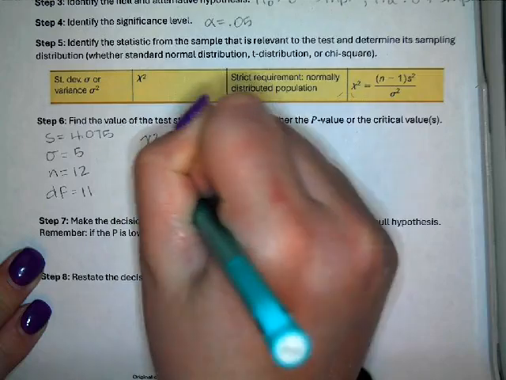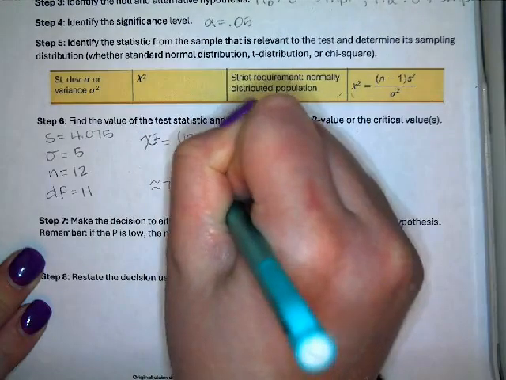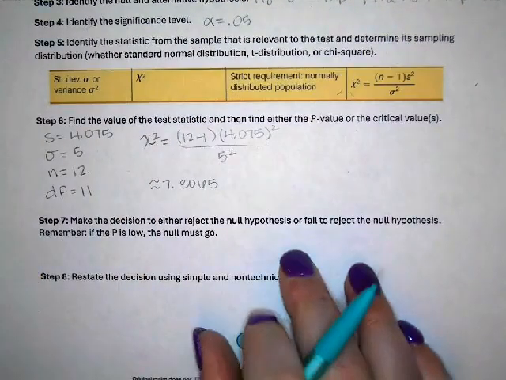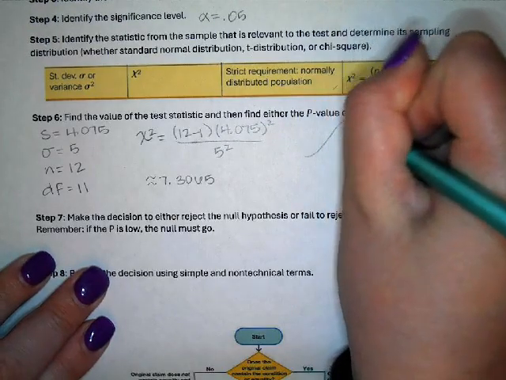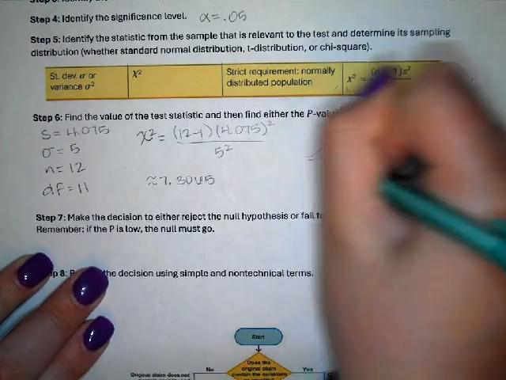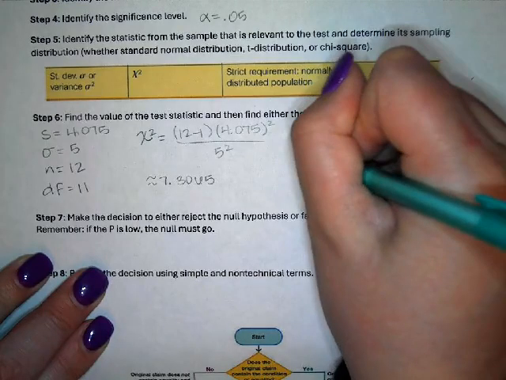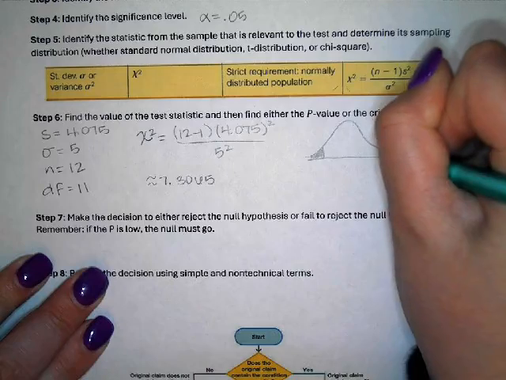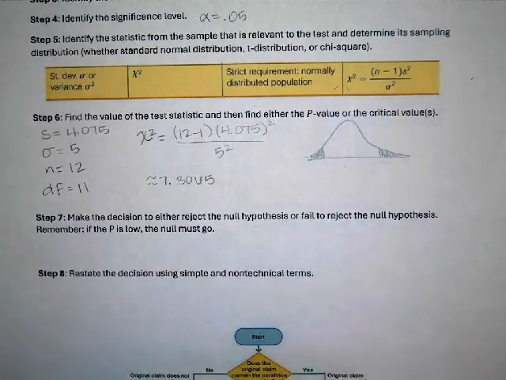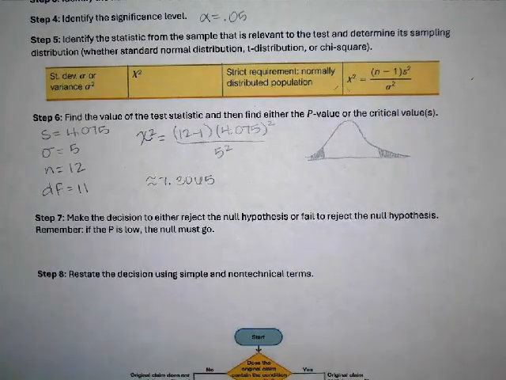And I'll go ahead and draw my distribution. Left tail, right tail. Okay, so my degrees of freedom is 11.